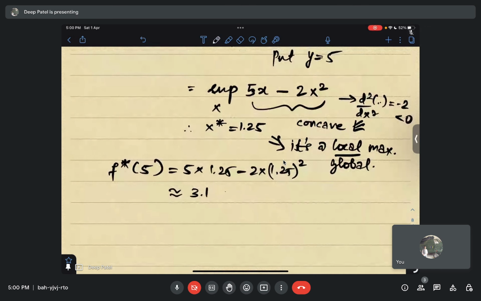Hello, Deep. Let me do one thing. I'll just log out and log in. Just give me 1 sec. I'm not able to see the screen.